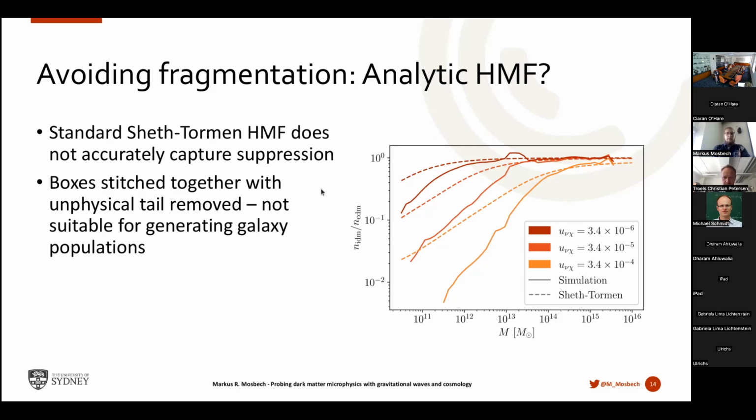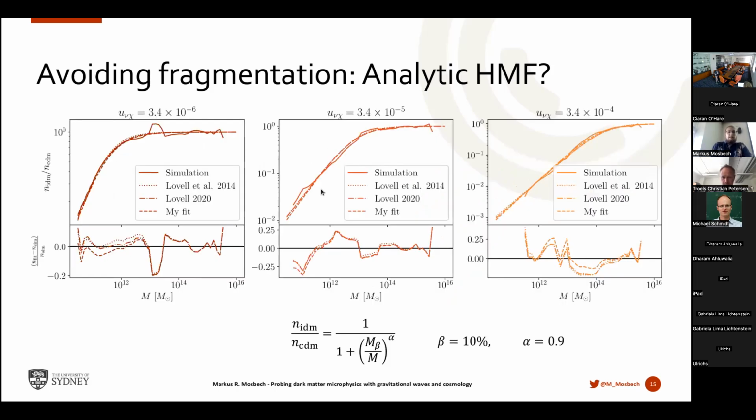So we've developed a new formalism for this suppression, where rather than inputting our suppressed linear power spectrum into the Sheth-Tormen, we use a Sheth-Tormen based on the non-interacting cold dark matter one, and then we have this suppression factor that is computed from the interacting linear power spectrum.